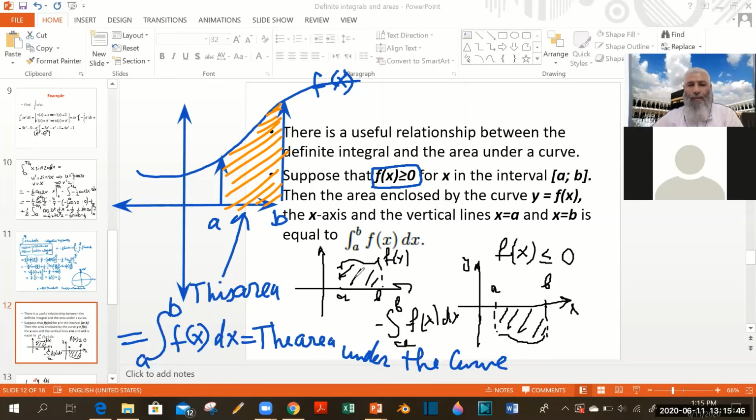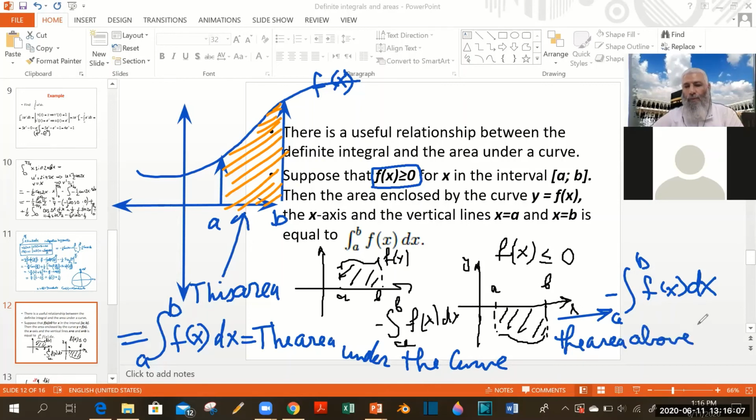Here this is just the integration, and here this is the negative of the integration from A to B of f of x dx. This is the area from above the curve to the x axis, and here under the curve to the x axis.